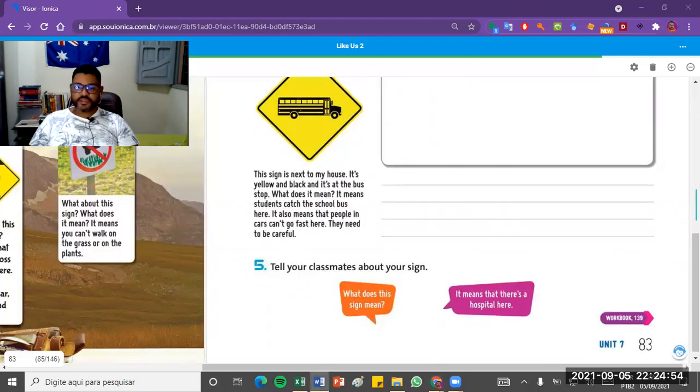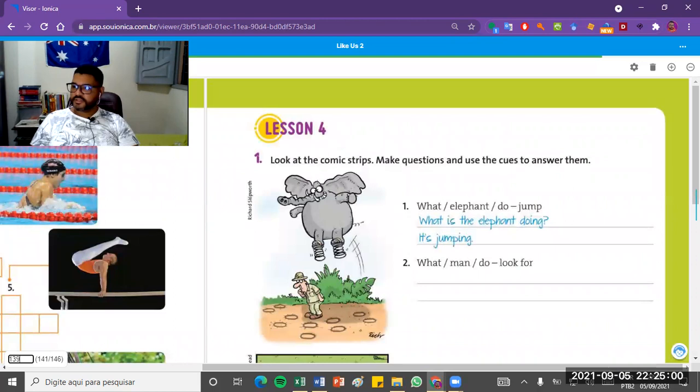Então, vamos para a página 139 também como correção. 139. Let's go to page 139. Okay, on page 139, we have, look at the comic strips, make questions, and use the cues to answer them.